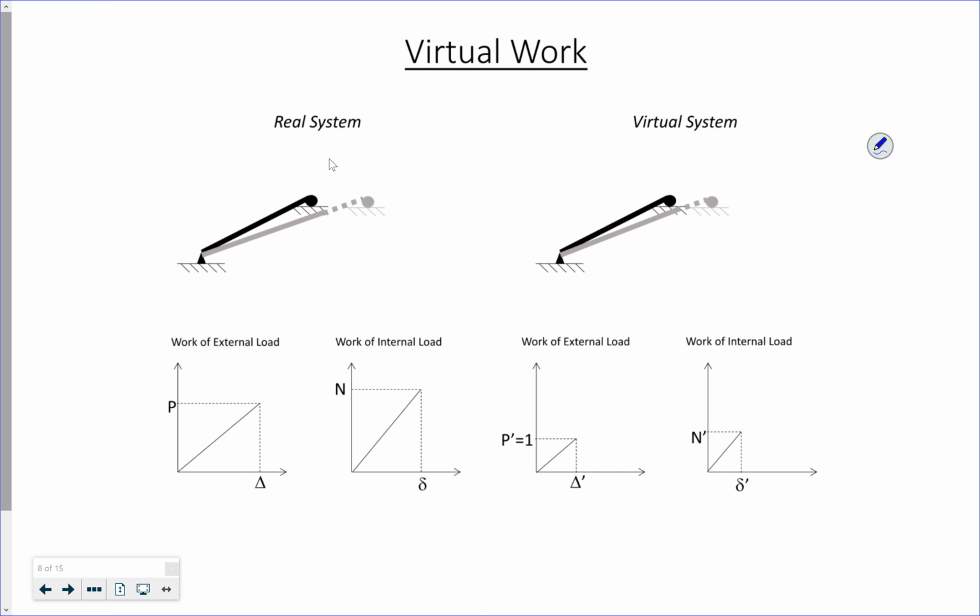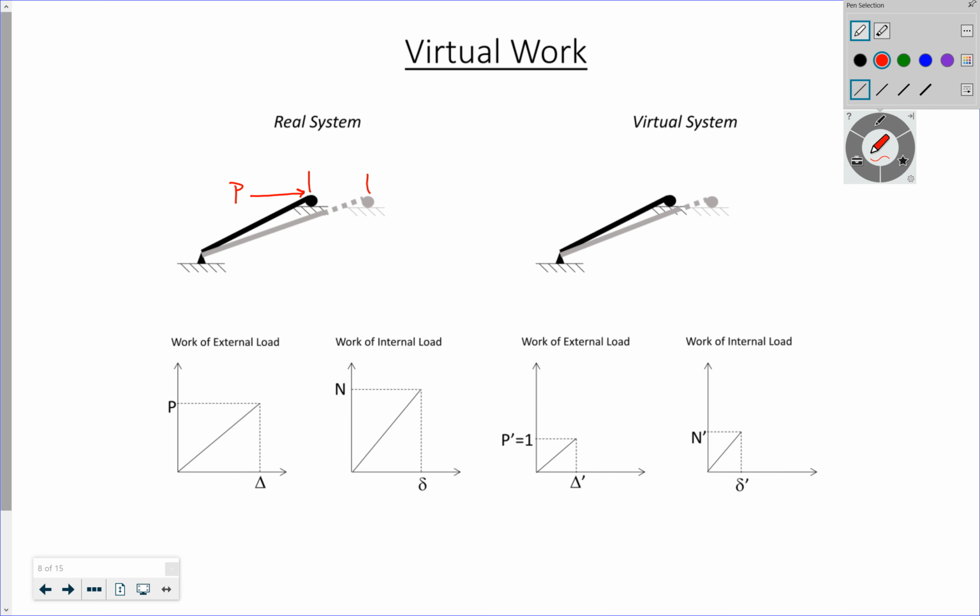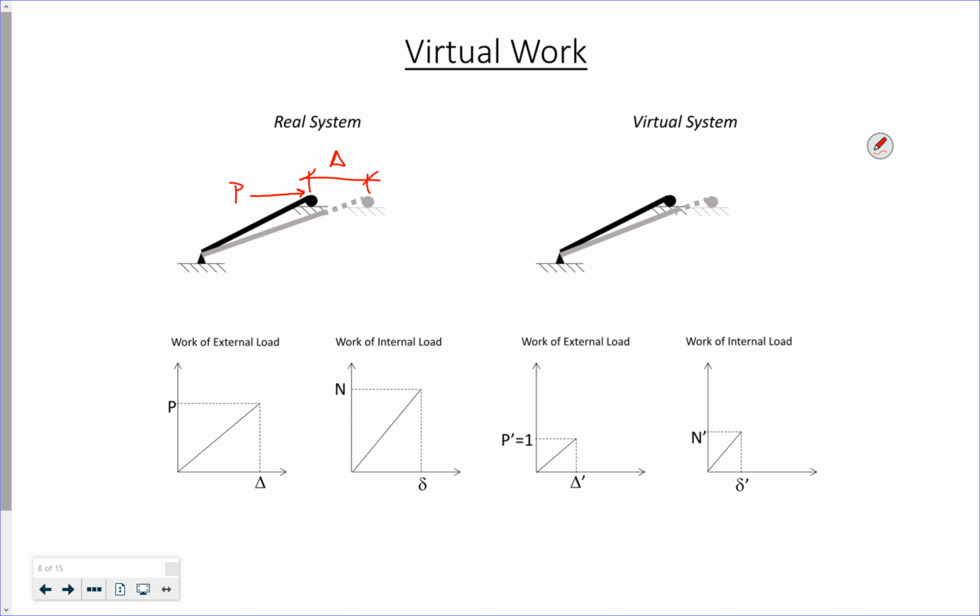One is my actual system, my actual structure where I have my load P causing a displacement of this support or this joint, big delta, which leads to an internal load on that bar N and an elongation of the bar little delta.